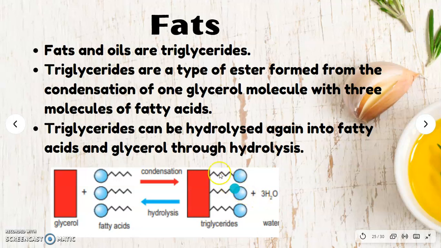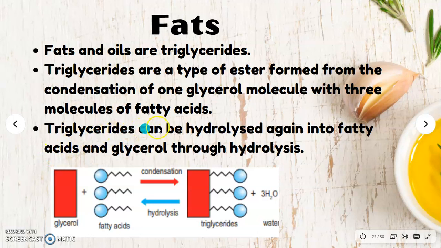So that is a triglyceride. I repeat, what is a triglyceride? A triglyceride is a molecule that forms from one glycerol molecule with 3 molecules of fatty acid by condensation process.